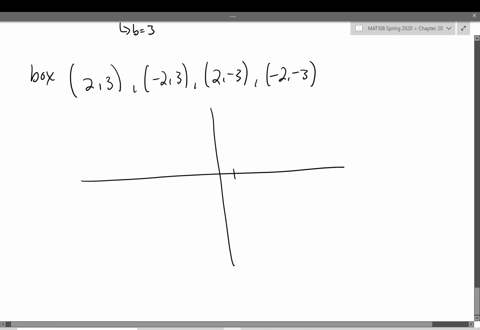So let's start drawing all this. 1, 2, 3, 4, 1, 2, 3, 4, 1, 2, 3, 4, and 1, 2, 3, 4. Okay, so we know our center, 0, 0. Now what we're going to do is draw our box in. So we have 2, 3. It's going to be there. Negative 2, 3 is going to be there. Negative 2, negative 3 is going to be down here. And then 2, negative 3 is right there. So let's dot this in.